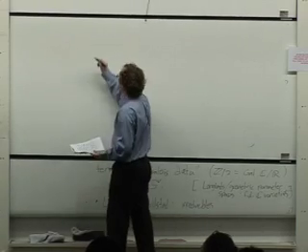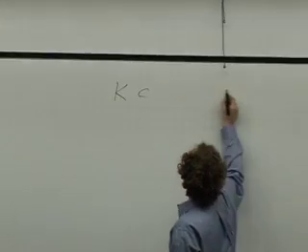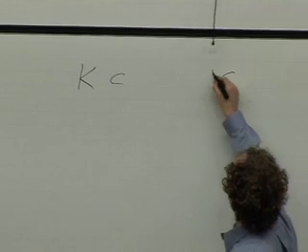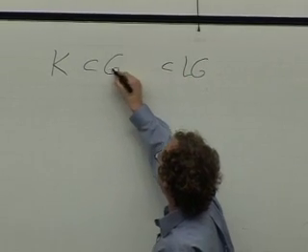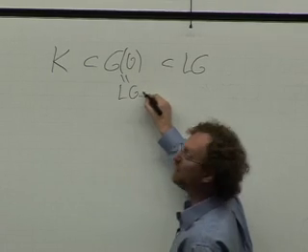We're going to take a subgroup K inside of the loop group. And in fact, we're even going to be inside of our favorite subgroup, G of O, or the LG plus.